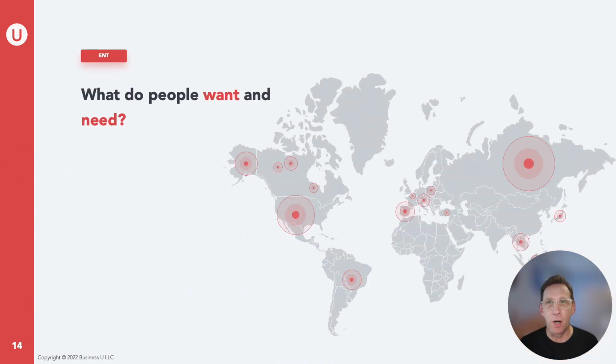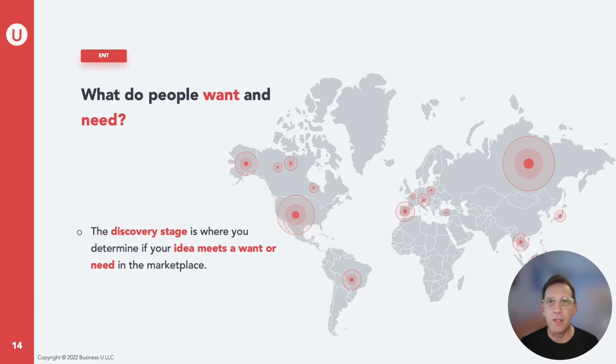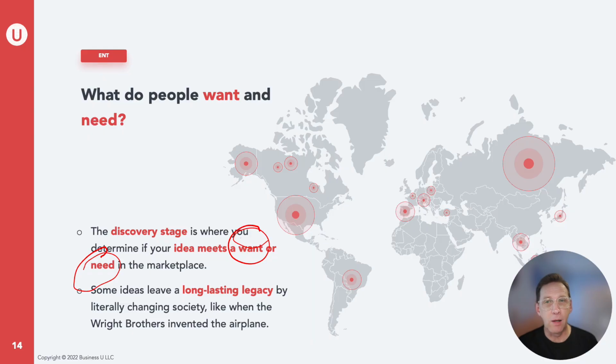As entrepreneurs, it's our job to figure out what people want and what they need. The discovery stage is where you determine if your idea meets a want or a need in the marketplace. Some ideas leave a long lasting legacy by literally changing society, like when the Wright brothers invented the airplane, and again, Steve Jobs when he introduced the iPhone.